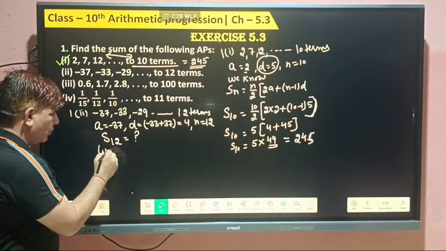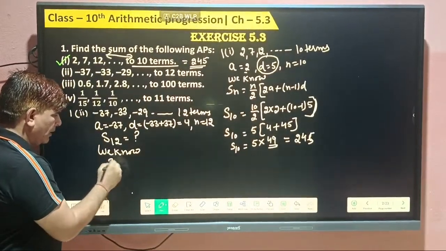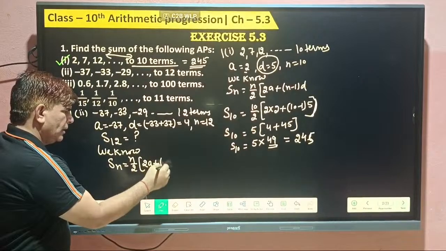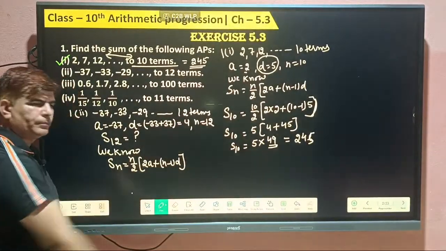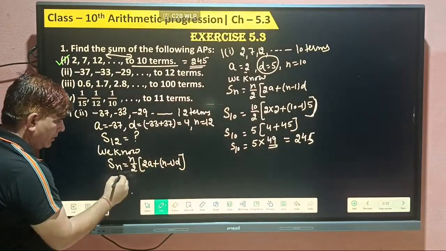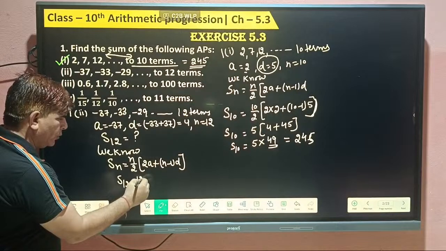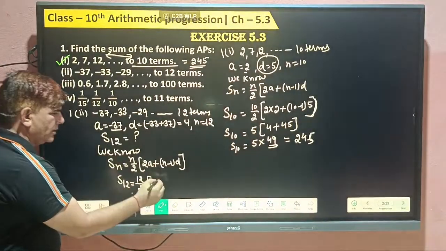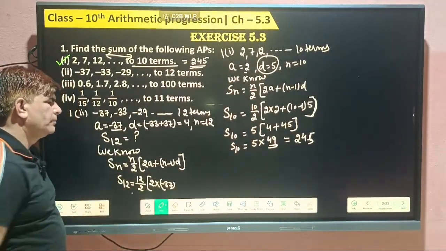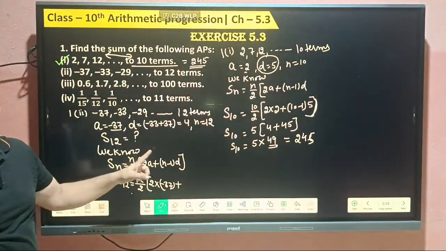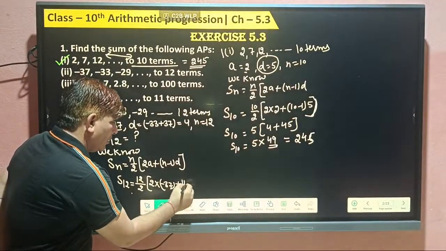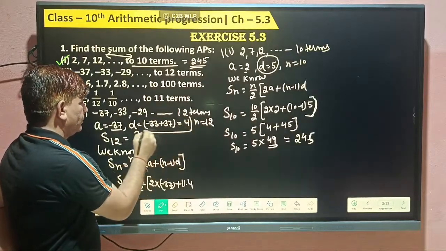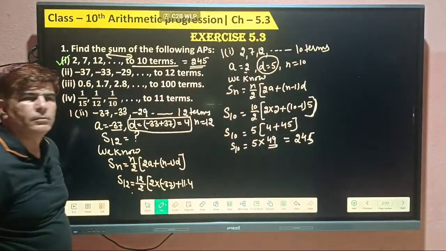We know Sn equals n by 2 into 2a plus n minus 1 into d. With n equal to 12, S12 equals 12 by 2, which is 6, into 2 times a, that is minus 37, plus n minus 1, that is 12 minus 1, 11, into d, which is 4. Now calculate it.